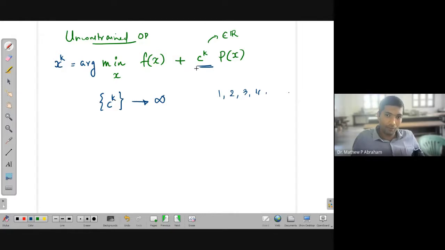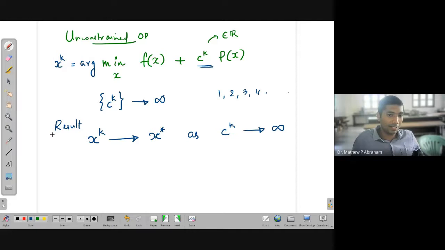If you take this as a sequence which goes to infinity, then the theorem says that xk will converge to x star, which is the solution of the primal of the constrained optimization problem, as ck converges to infinity. Okay, so this is the result.